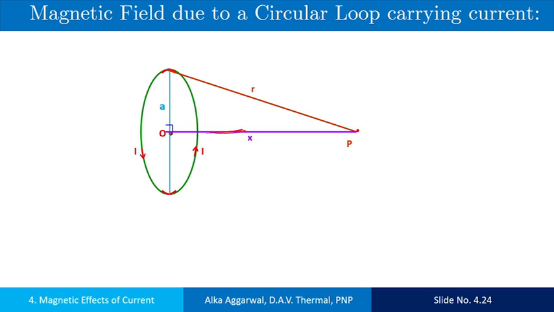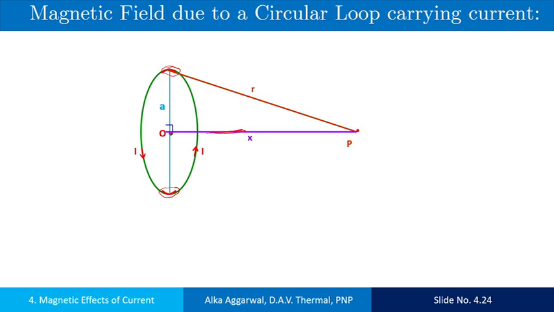Point P is at a distance r from the two elements which we are considering at the diametrically opposite ends. So both these current elements are at the same distance r.